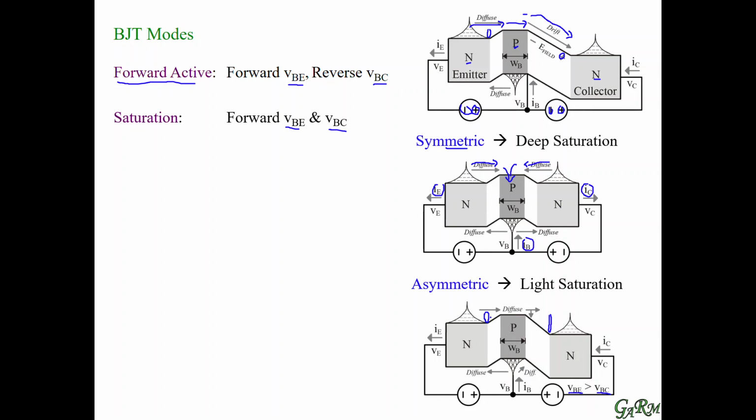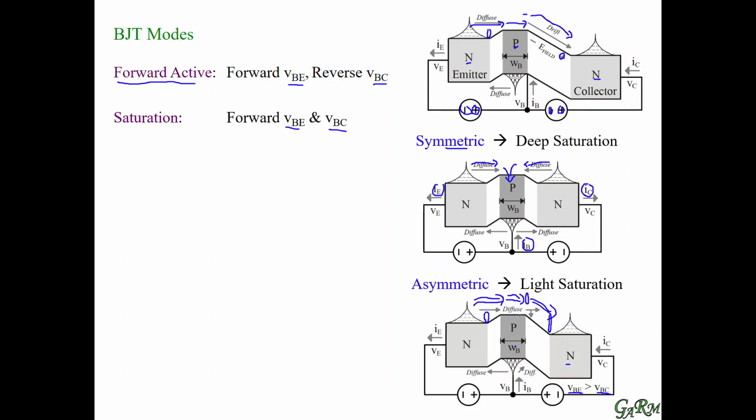What that means is that we have lots of electrons diffusing into the base and across the base, and hardly any electrons diffusing from the collector to the base. Since now we have a much higher concentration of electrons on the other end of the base, they're going to cross and diffuse across into the collector.